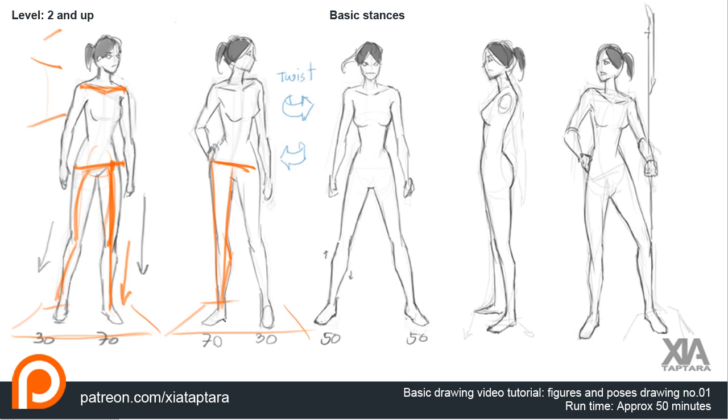Make sure your heel is planted, right? When you draw, these two heels are planted on the floor, and same as this. Just imagine that there's a platform there. That's a good tip and trick to make sure that your foot is planted on the floor.